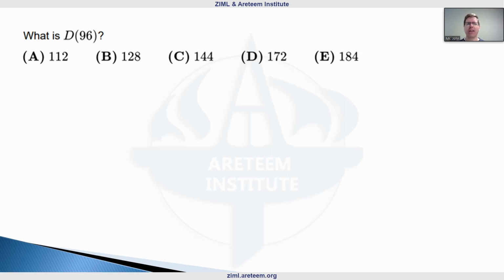We're talking about factors and products of these factors multiplying together. So that's a clue that we might want to start considering the prime factorization. For reference, 96 is of course 32 times 3, which is 2 to the 5th times 3.